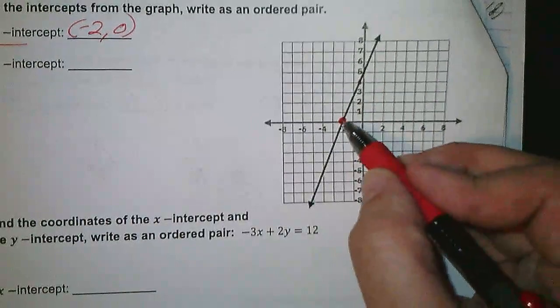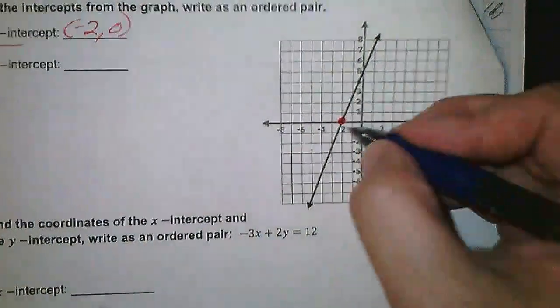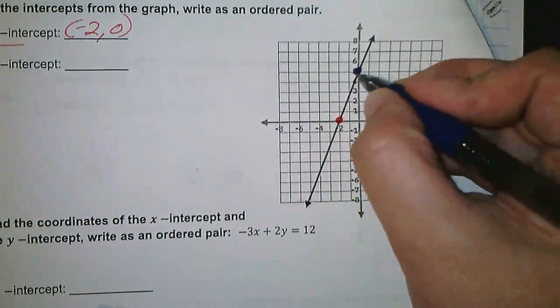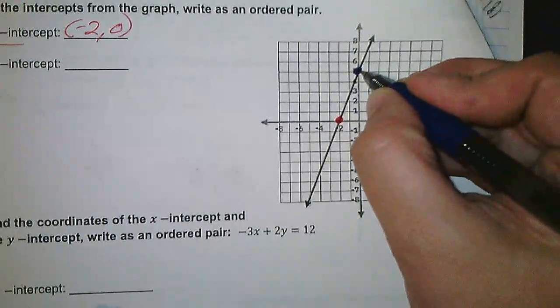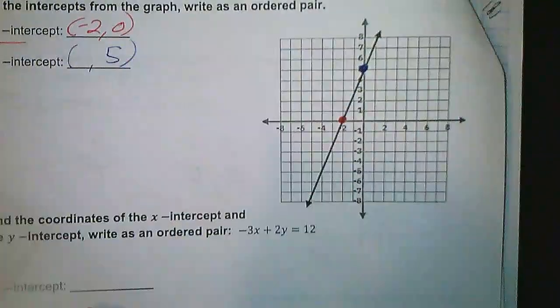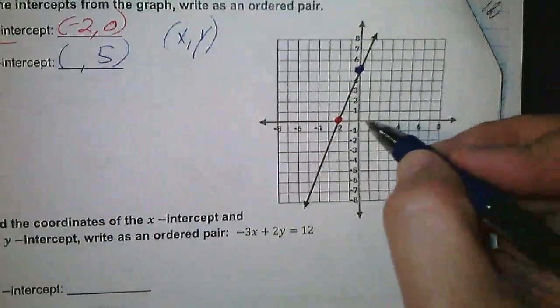We did not move up or down, so the y value is 0. Our y-intercept is right here, hitting the y-axis at 5. So a 5 in the y position, x, y, for an ordered pair.